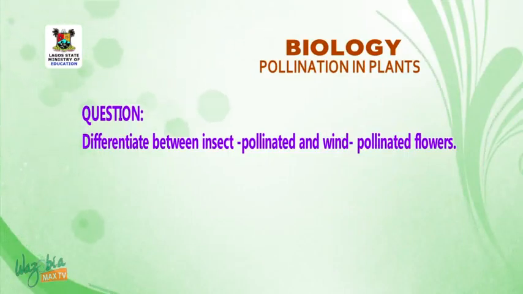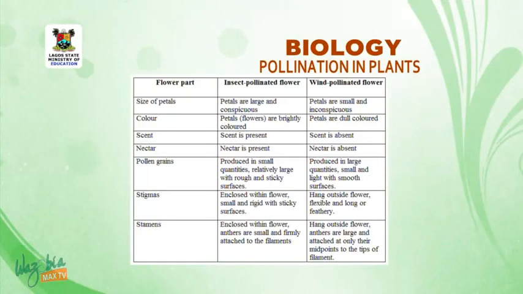I'm waiting for your response. Good. On my side here, I have a table which I divided into 3. On one part, I have flower part. On the second part, I have insect-pollinated flower. And on the third part, I have wind-pollinated flower.